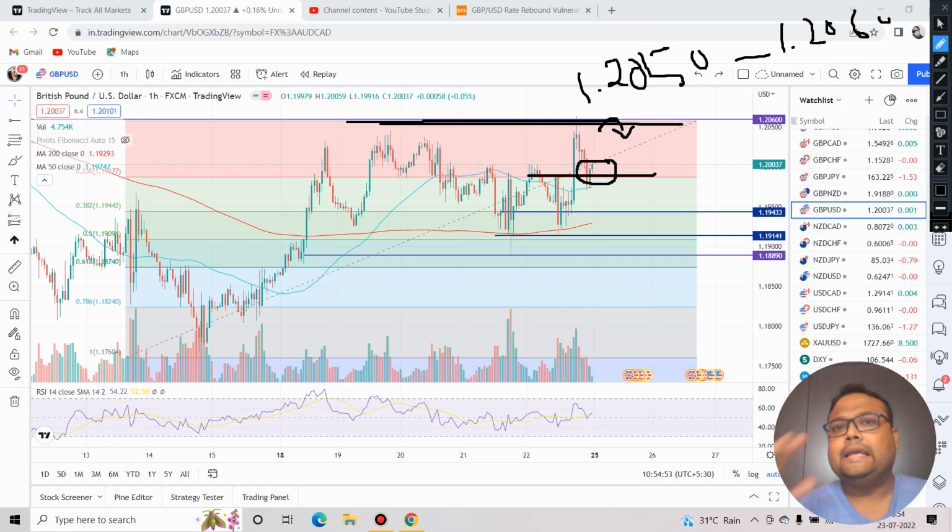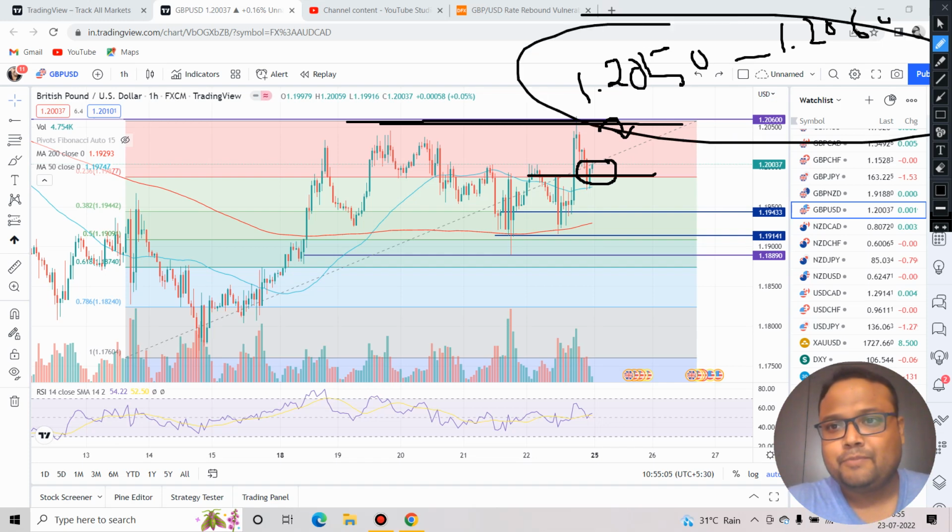And in case DXY breaks 106.20, if we see DXY going down heavily, then we can get a buy opportunity also above this level here. So the market opening will be very important. If the market remains sideways, then we hopefully will get a selling position, and if market acts differently, then things will be different. So let's wait and watch.